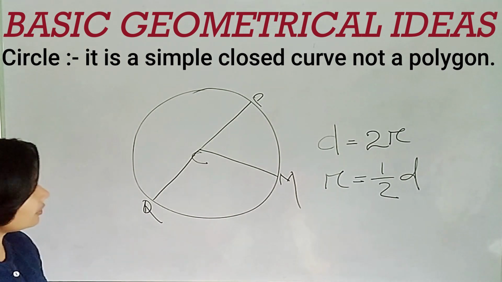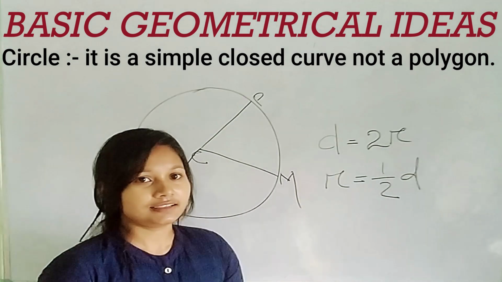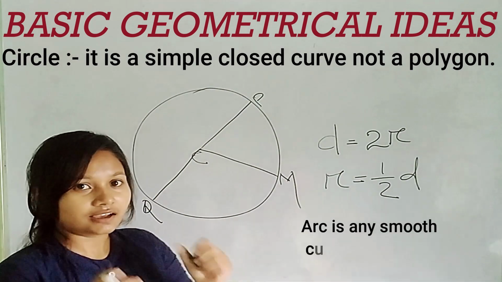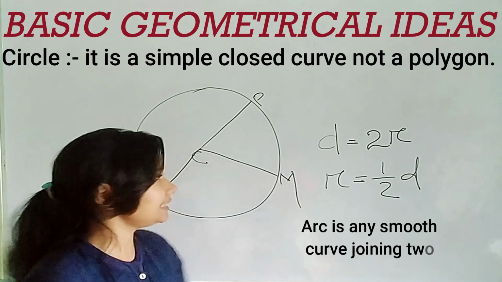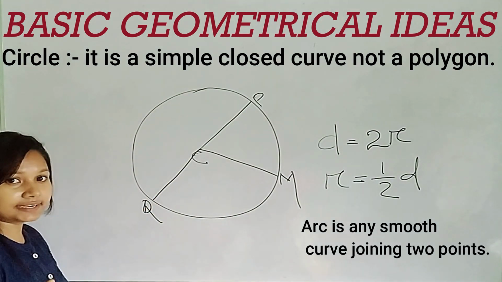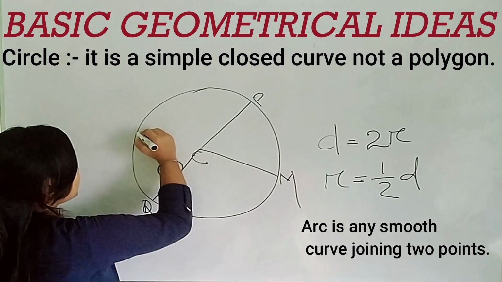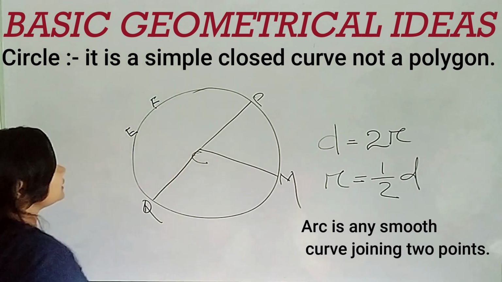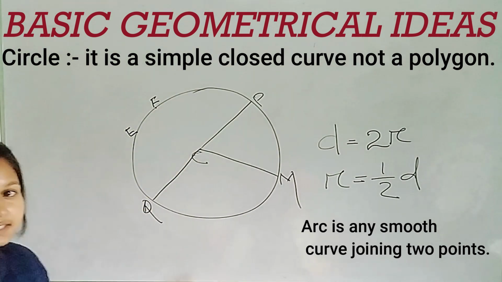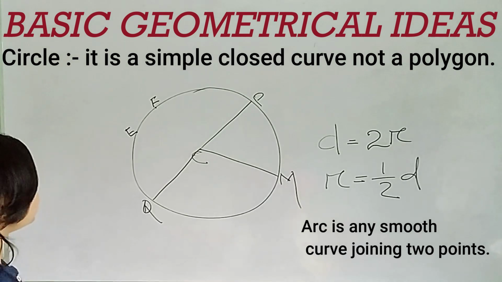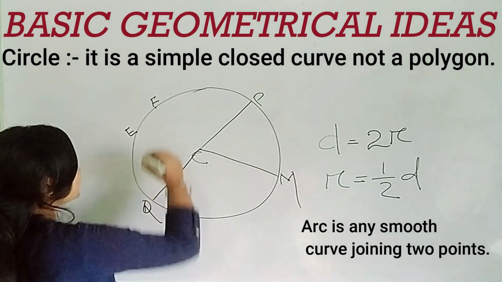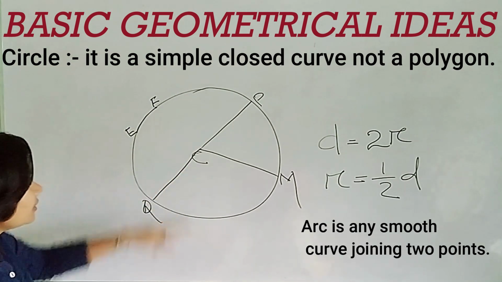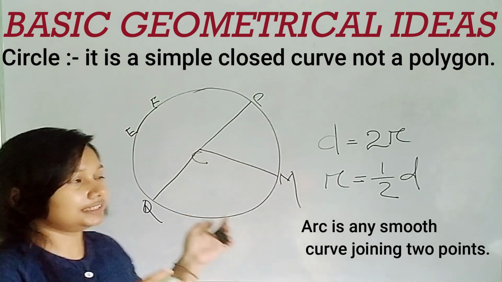Okay. Now the next part is arc. Then what is an arc? An arc means a part of the points on the circle, right? If we take 2 points on the circle like E and F, the curve between E and F is known as the arc of this circle, right?